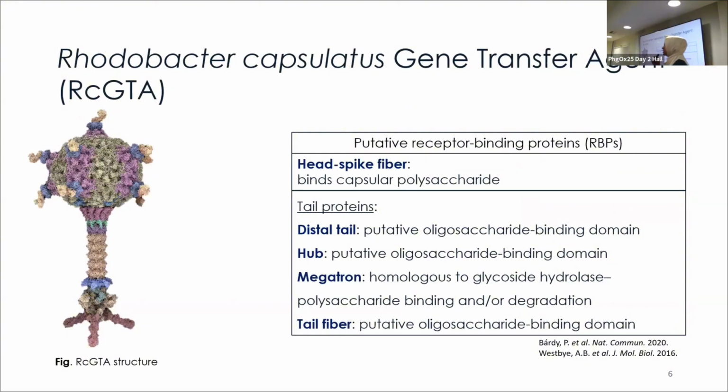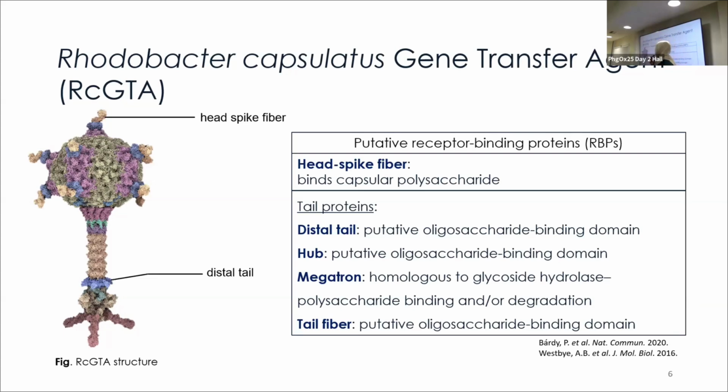So diving right into the structure of the RcGTA particle, it has a classic tailed phage morphology, but I'll focus on the receptor binding proteins of the RcGTA particle. On its head, it has head spike fiber proteins, as many phages do. And we know that the head spike fiber binds the capsule, made out of polysaccharide, of recipient cells.